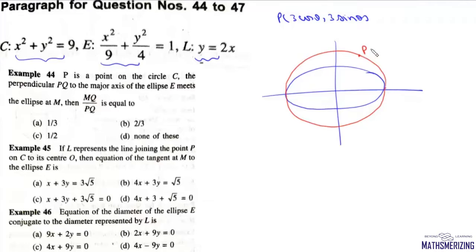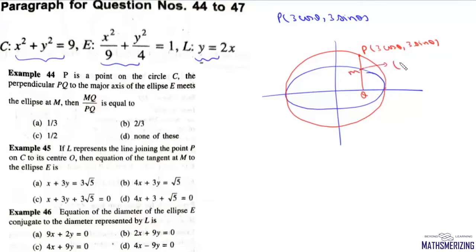So from any point P, which is 3 cos theta, 3 sin theta, a perpendicular PQ is drawn to the major axis of this ellipse. Now this PQ meets this ellipse at this point M.